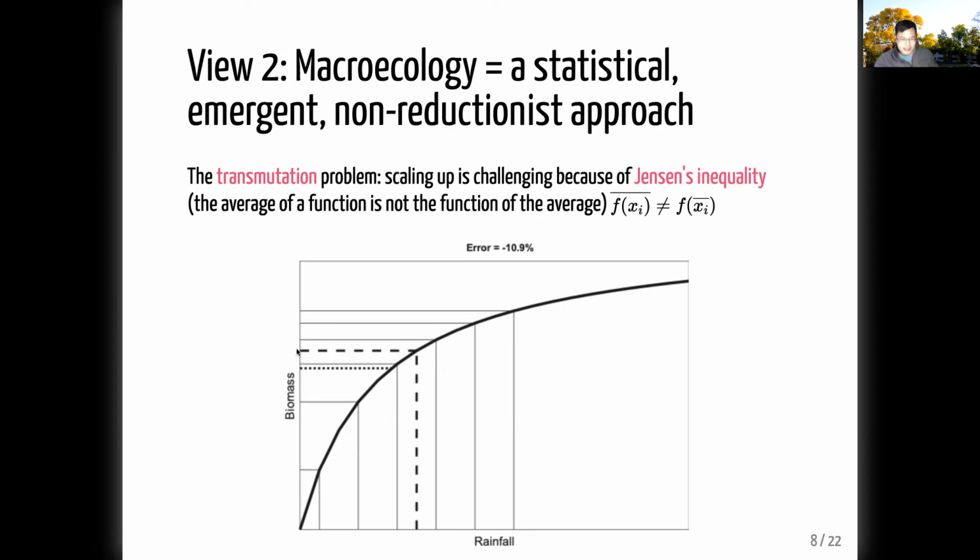Here we can see that the horizontal dashed line is above the dotted line, which means that the average of f(x) is less than f of the average of x. In this example, the error is about 10.9%. So that's briefly Jensen's inequality, and that's the transmutation problem.